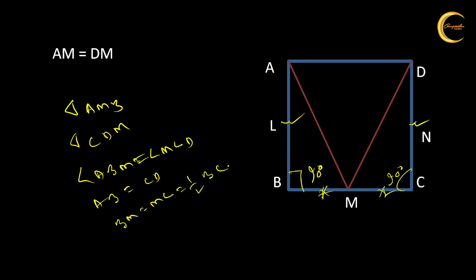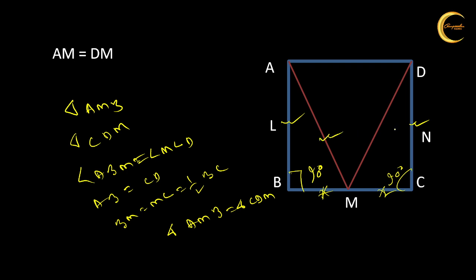Okay, so it is easily proved. These two triangles, triangle AMB equals triangle CDM, are equal in all respects. Means all six parts are equal in corresponding triangles.